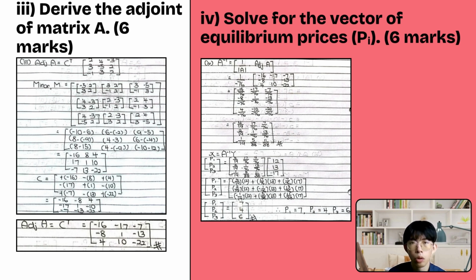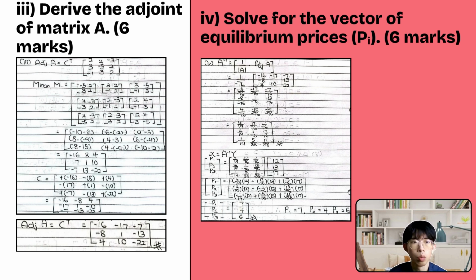For Roman 4, we are required to solve for the vector of equilibrium prices. First, we need to get the A inverse matrix by using the formula 1 over the determinant of A times adjoint A. After that, we should get an A inverse matrix with 3 times 3 dimension.